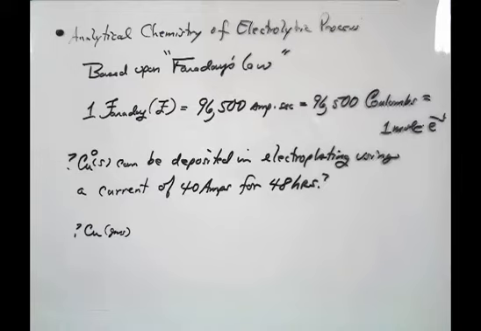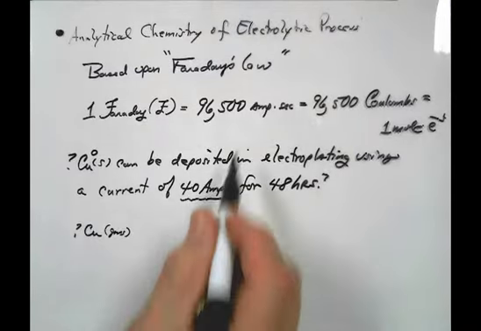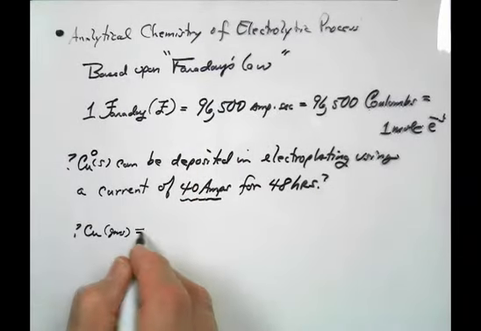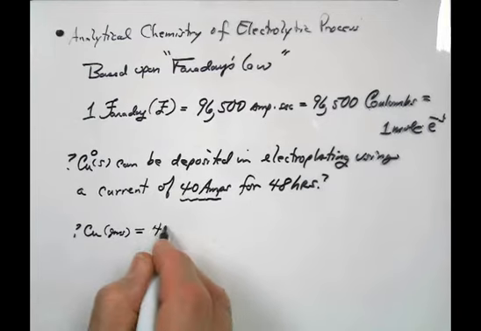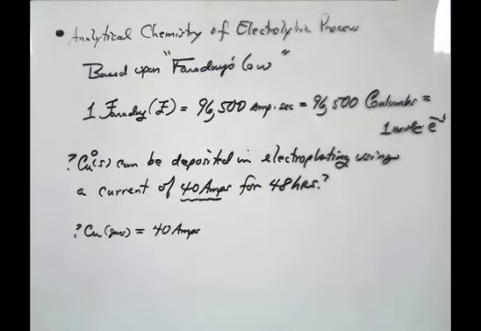Now you can use the time or the current. I like to use the current because I can go right into the conversion factor. So I'm going to use 40 amps, like that. Again, question and piece of data. You can work with the time and it will work, but I like to work with amps because it jumps right into the Faraday ratio.